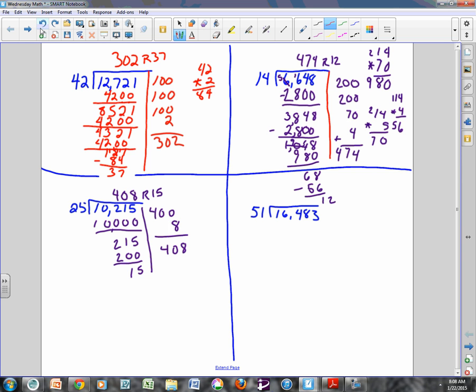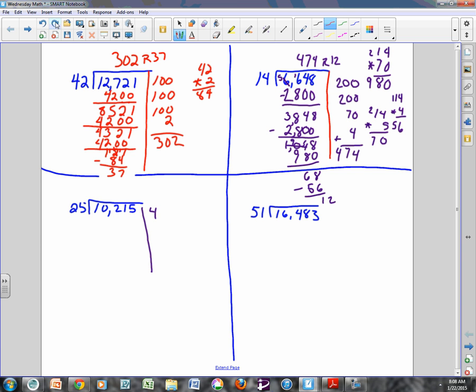I'm going to go back and show you that one again. So if I go back to the beginning, first thing I did in this problem is I looked at the number 25, and it's a friendly number, and I looked at this first part of the problem. I can see 100 right there, and I know that 4 times 25 is 100. So I kept track of that.